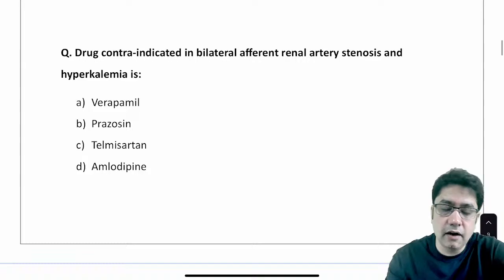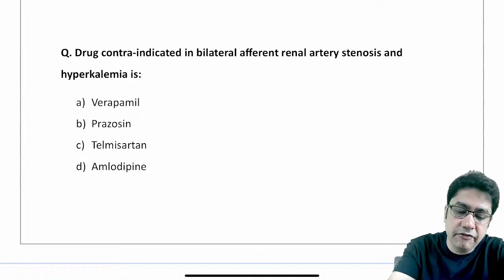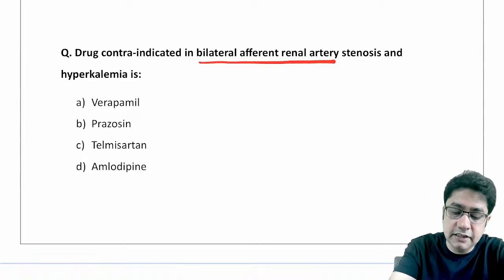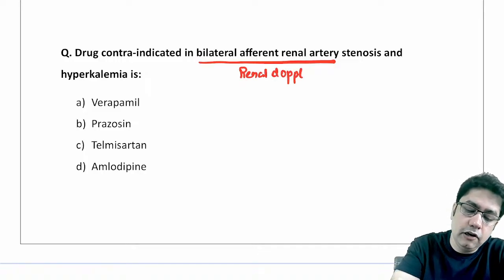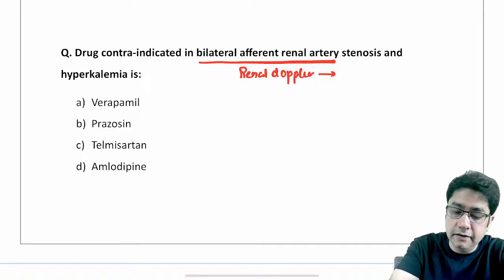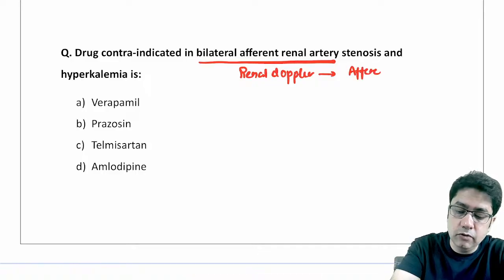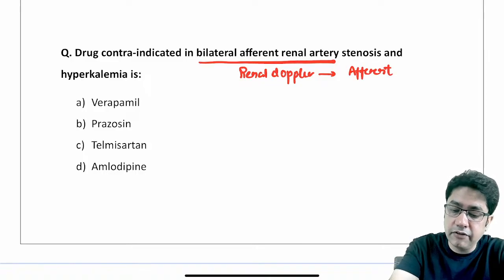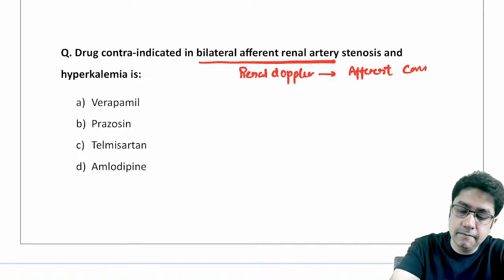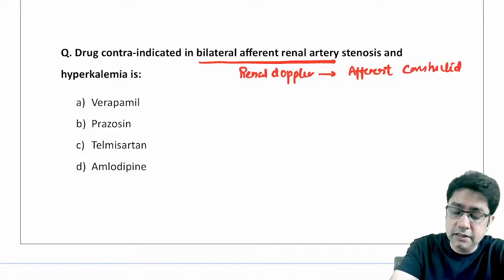So drugs contraindicated in bilateral afferent renal artery stenosis. Let's say you have conducted a renal Doppler, and after the renal Doppler you find the afferent blood supply to the kidney is low. Afferent arteries are constricted. That means there is reduced blood supply to the kidney.